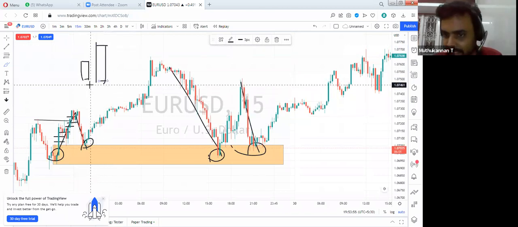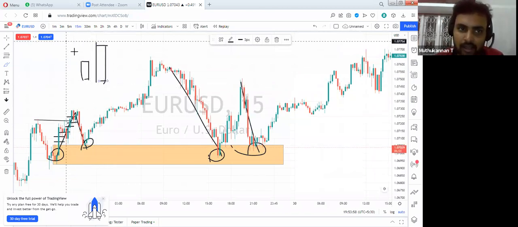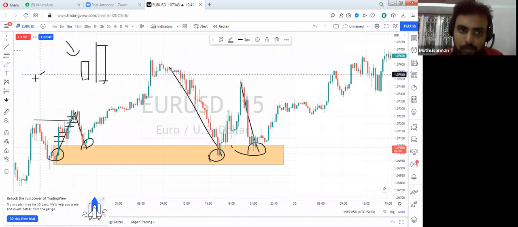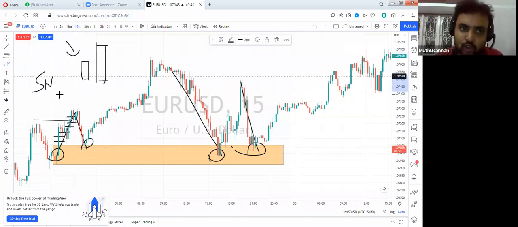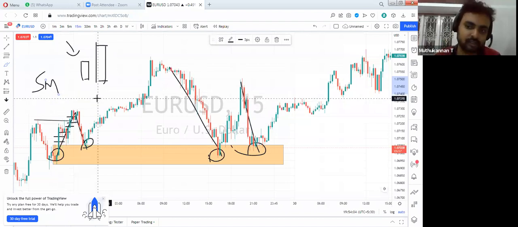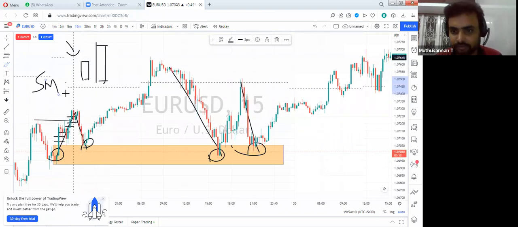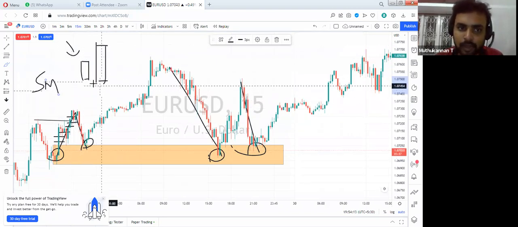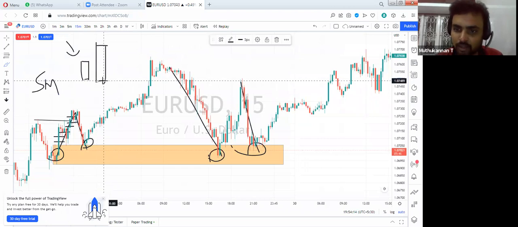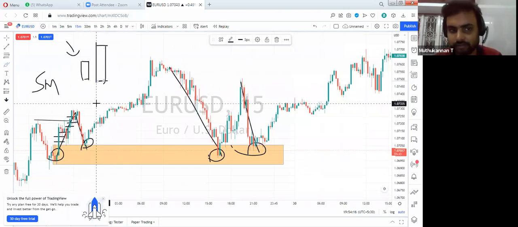In this last bearish candle, the smart money sold their positions, and in this big green candle, the smart money is also involved.